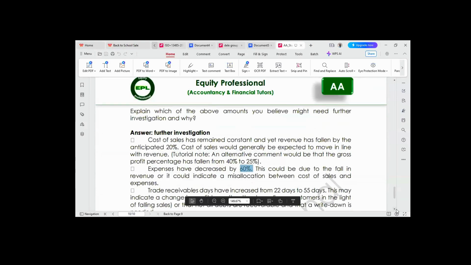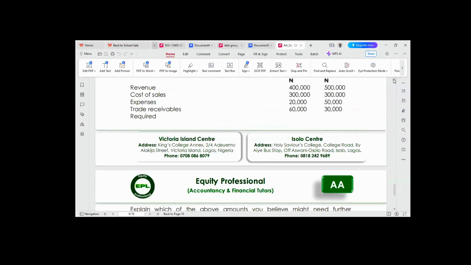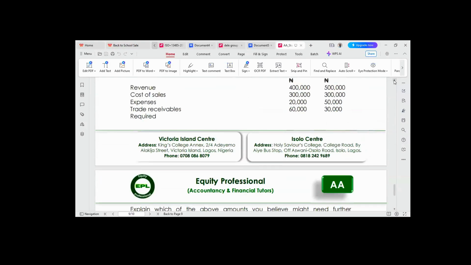You do the same for your trade receivables. This is calculation. You're going to use your trade receivables balance over revenue times 365 days. Let's do it. For 2013, you have 30,000 divided by 500, times 365.